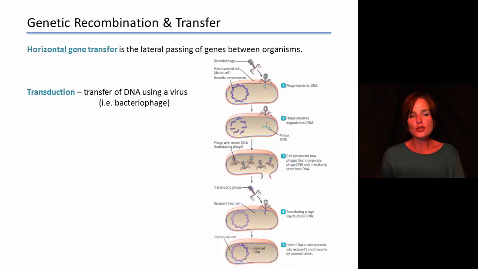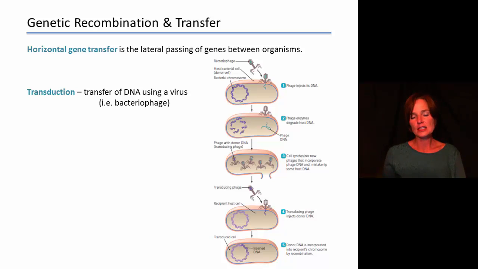So in this image, we see that you have a bacteriophage that attaches to a host cell. It injects its DNA, and the DNA of the host cell is getting broken up into bits and pieces, and some of it actually gets inserted into that bacteriophage.